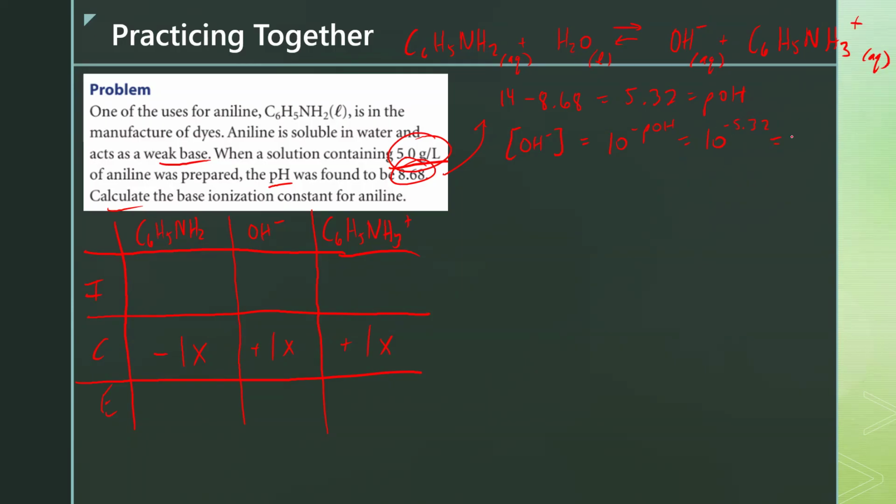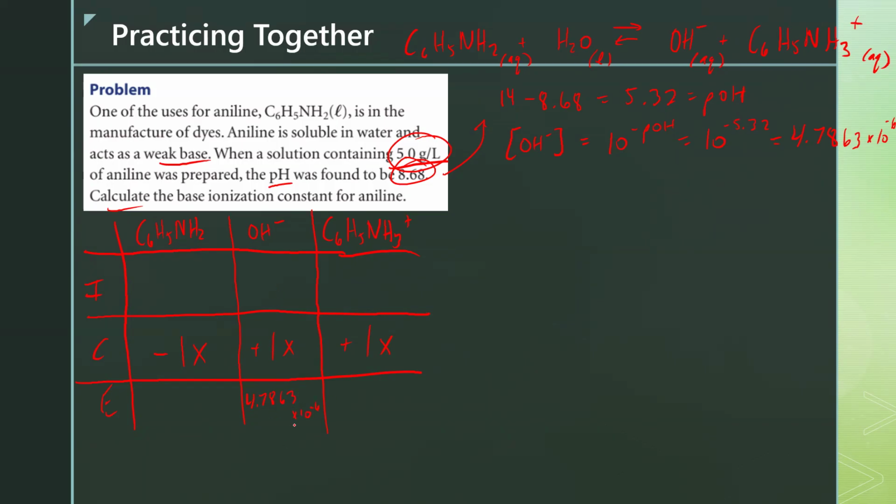I'm getting, I'll even leave it in scientific notation here, 4.7863 times 10 to the negative 6, running off the screen there, but you get the idea. Anyway, that is my equilibrium OH negative concentration. So I'm going to write that really small down here. 4.7863 times 10 to the negative 6.